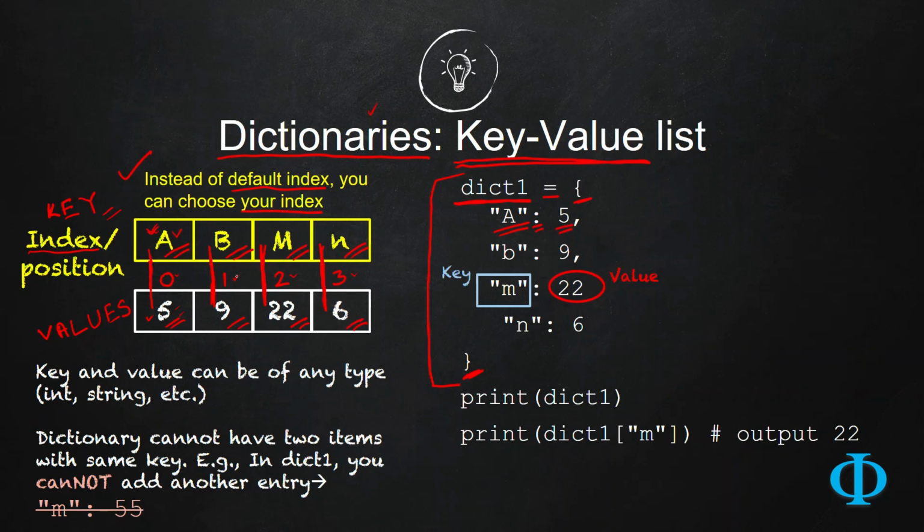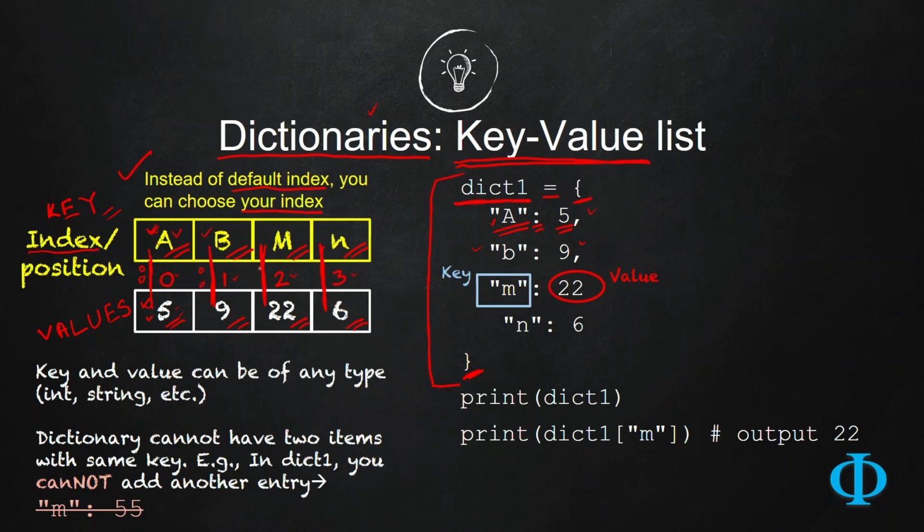So here the first item is A, then colon, which is the mapping between A and the value 5. Similarly, the second item is B, which is mapping between B and 9.